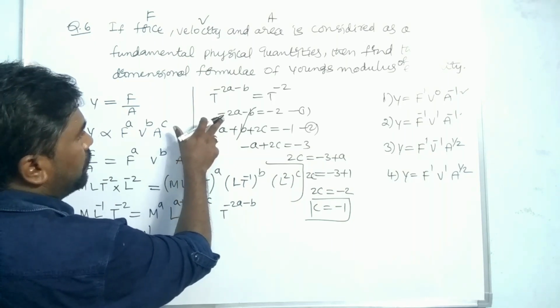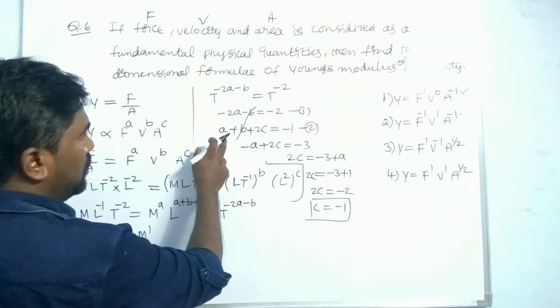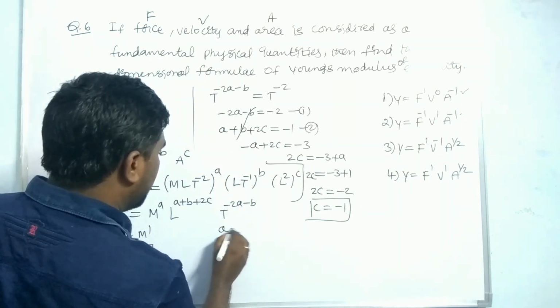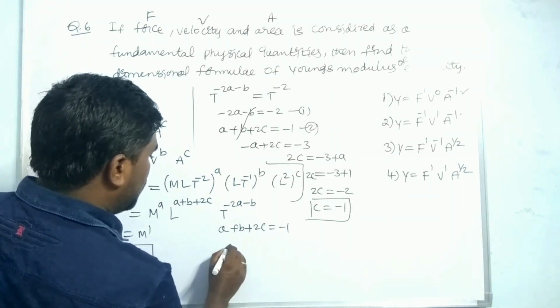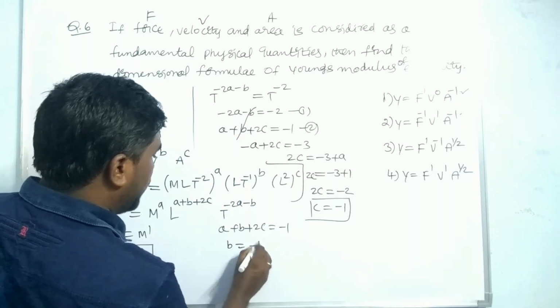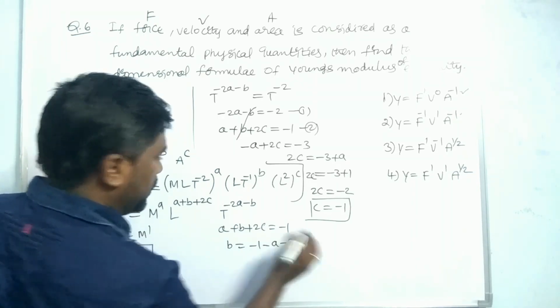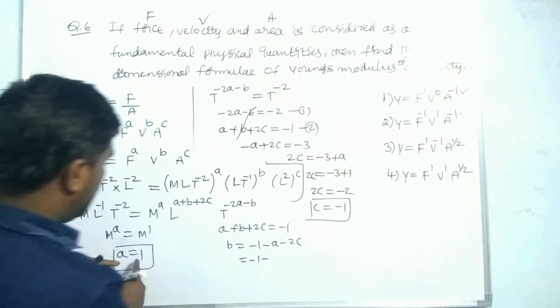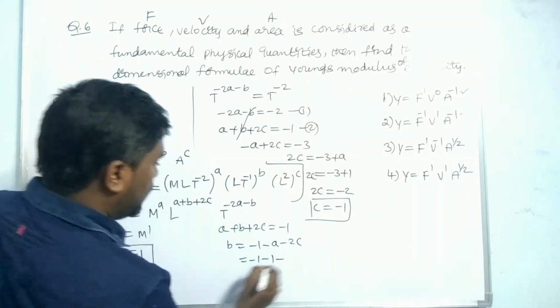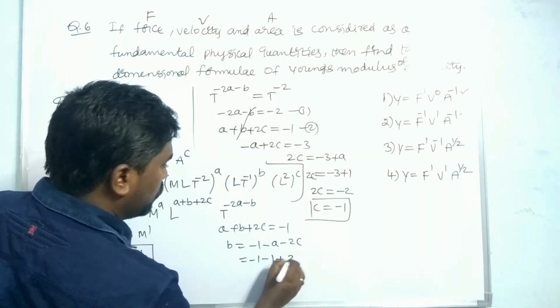From equation 2 we can write that a plus b plus 2c is equal to minus 1. Here b is equal to minus 1 minus a minus 2c. Minus 1 minus a means minus 2, and minus 2c means plus 2.